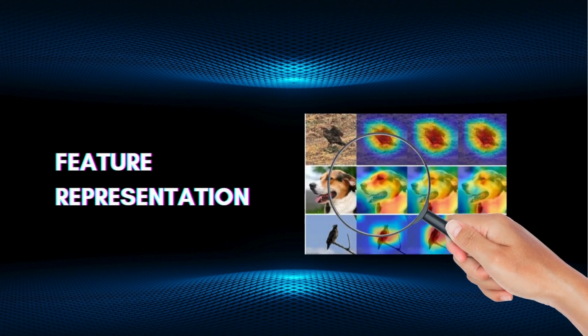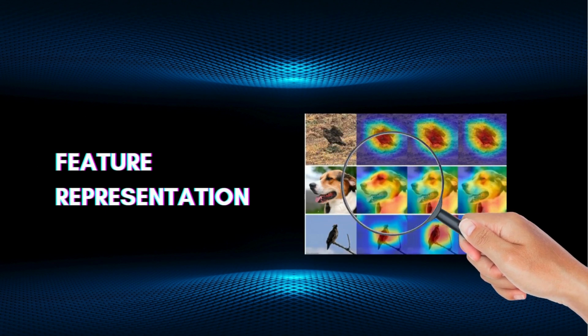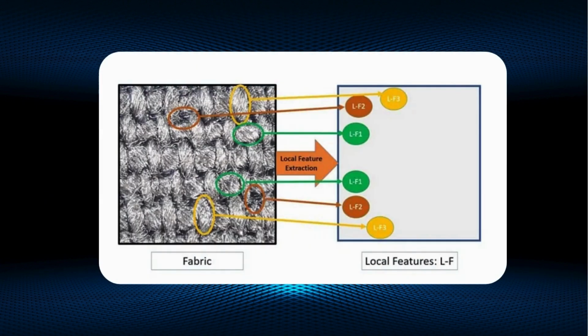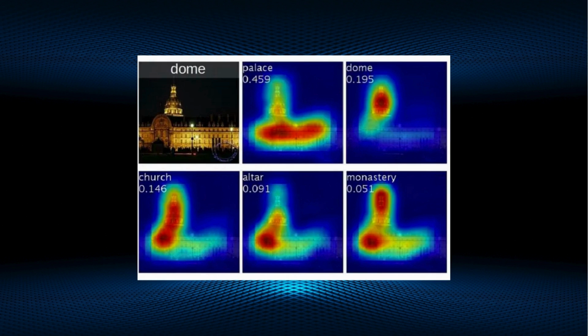Secondly, let's talk about feature representation. Basically, how deep learning models see and understand images. CIFAR-100 helps researchers to study how early layers detect things like edges and textures, while deeper layers capture more meaningful patterns, like recognizing objects. It's also a go-to dataset for interpreting activation maps, which are like heat maps showing where the model is focusing.